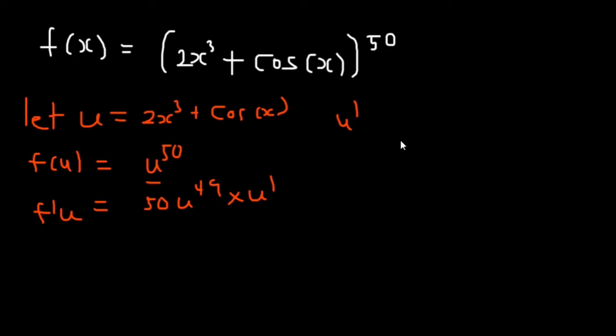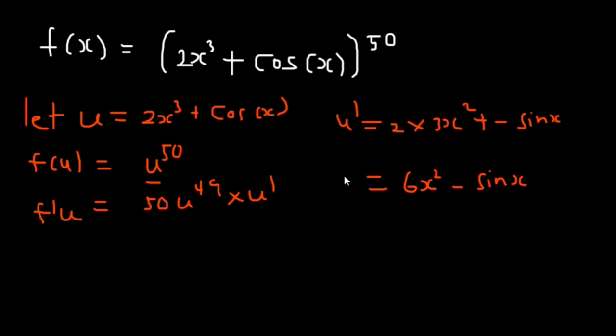To find the first derivative, I treat the 2 as a constant, so that is 2 times the derivative of x to the power 3, which is 3x squared, plus the derivative of cosine of x, which is minus sine of x. So I have 6x squared minus sine of x.